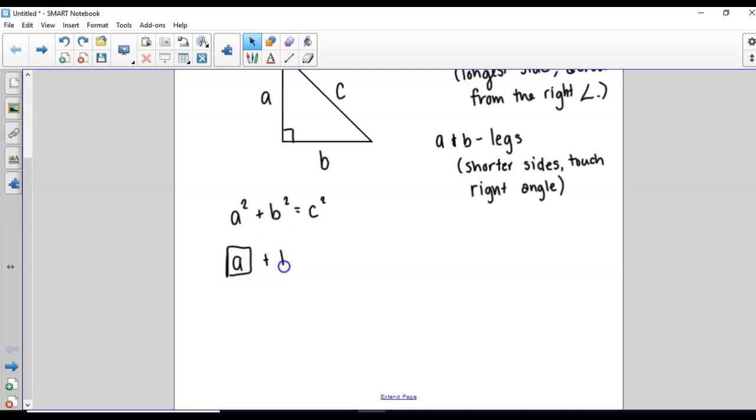So he wrote it like this. That was his A squared plus B squared equals C squared. But of course we're raising this to the second power, not drawing it inside of a square.